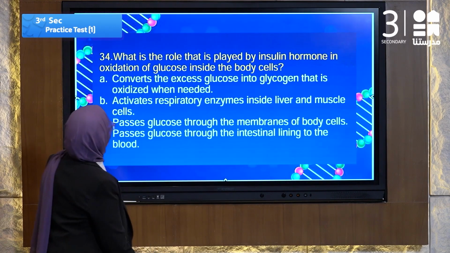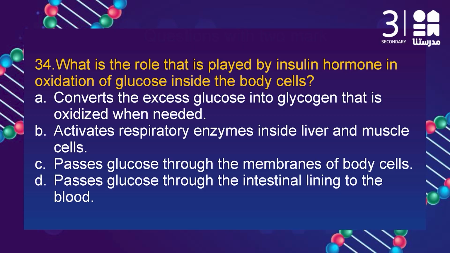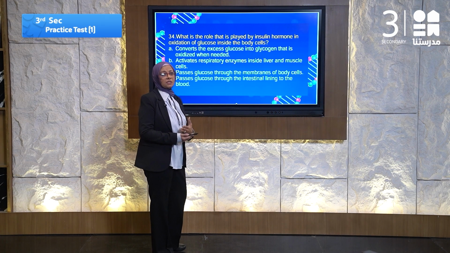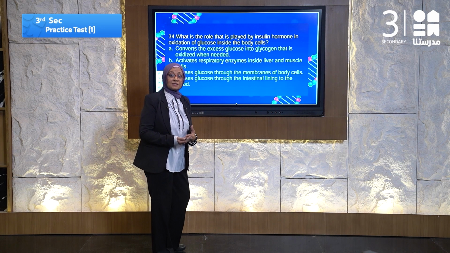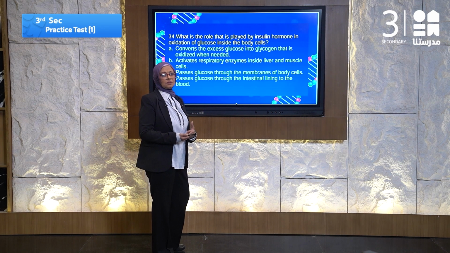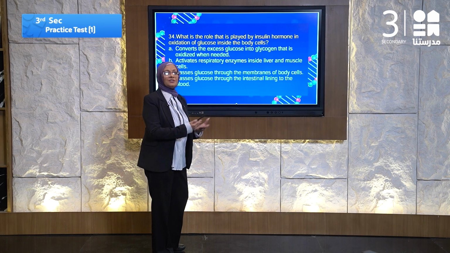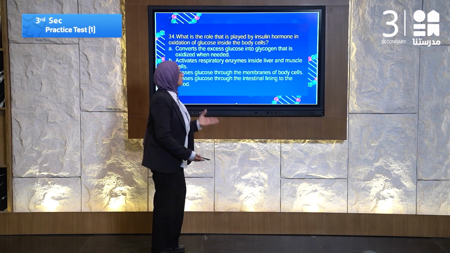Let's go to 34. What is the role played by the insulin hormone? Oh, back to the endocrine system. The endocrine system means the glands which secrete hormones. The hormones regulate body functions, such as pressure, temperature, and energy.